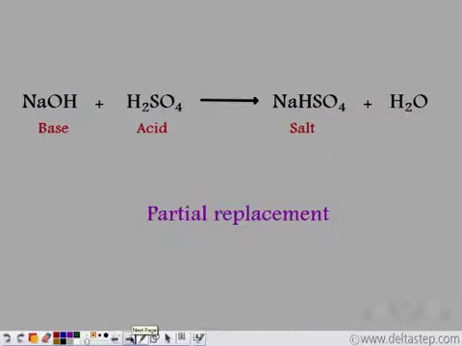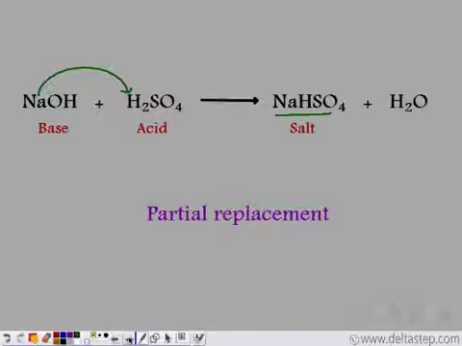So there are two ways to prepare a salt. There can be partial replacement or total replacement. In this case, we have H2SO4. So now when we replace one hydrogen atom by a sodium atom, we get NaHSO4. Since there is partial replacement of the hydrogen atom, this is a salt.